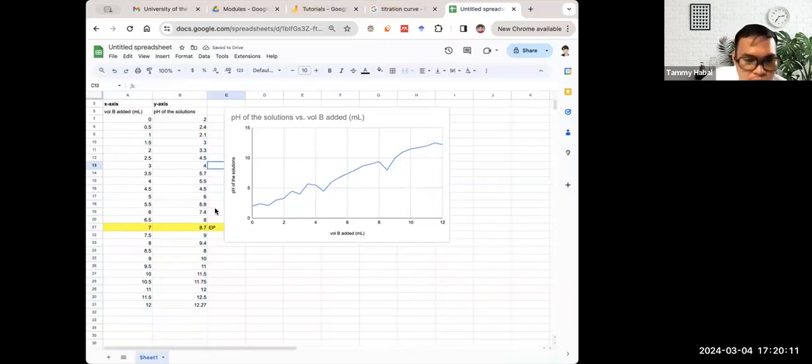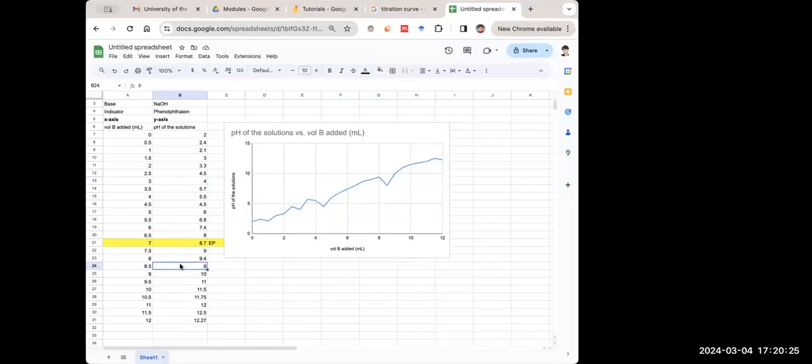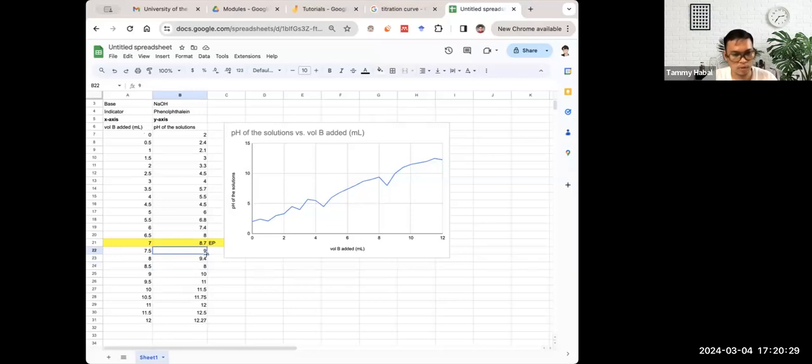Mali ang values ko. Sige. It should look like this. pH of the solution. It should plateau already. No, I was wrong. Abrupt change. So, at volume 7, there should be a change here.